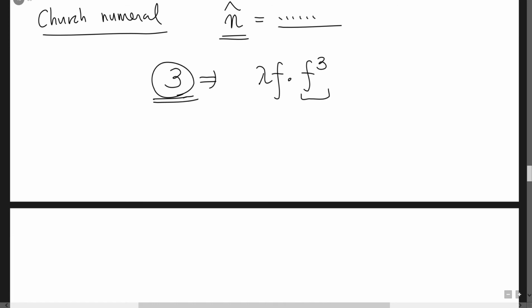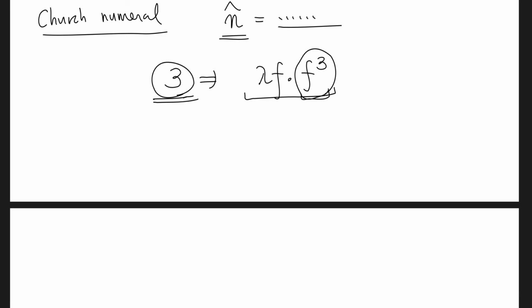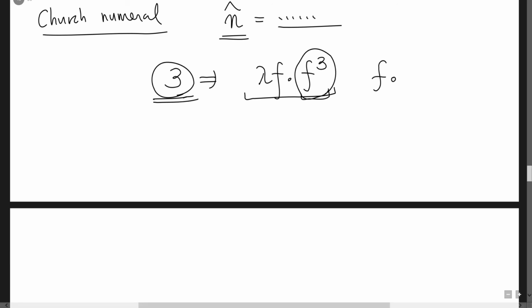So this is how we encode natural number 3. So this is the notation for f raised to the power of 3, or f to 3, f composed 3 times. That is f composed with f composed with f. So that's the idea.